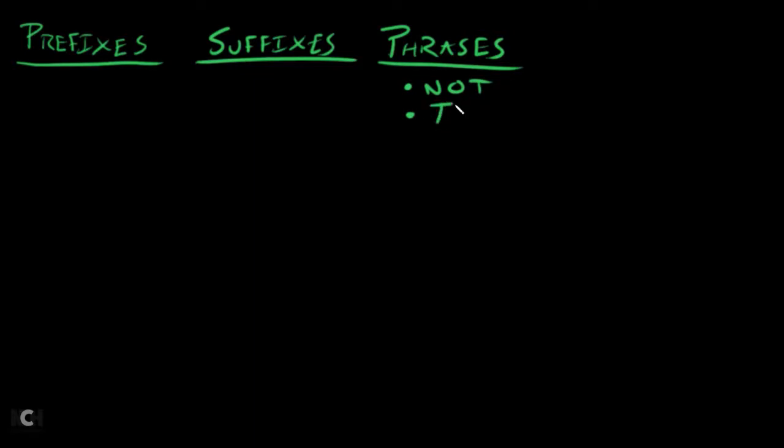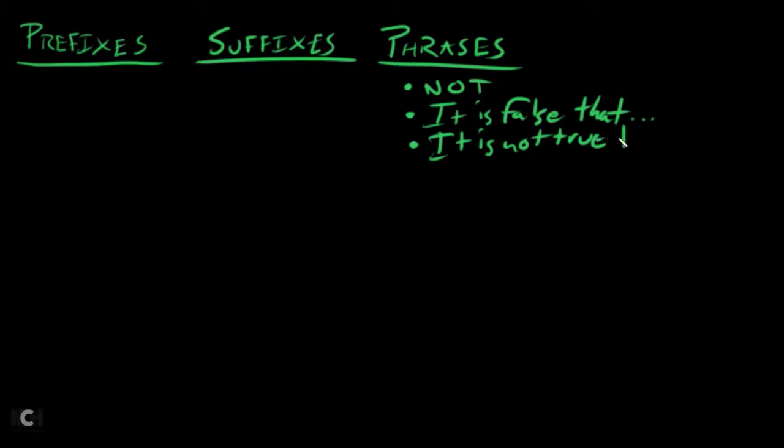These are longer, windier phrases. I could say things like it is false that, it's not true that, or it is not true that, and then say whatever it is that you want to say. All of these are going to get you a squiggle with whatever it is you're dealing with. So here's a few: the word not, sometimes the word no.